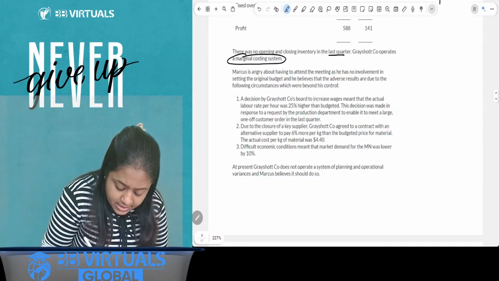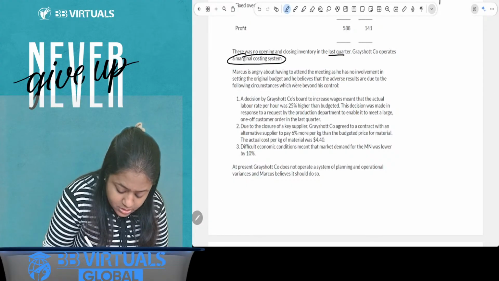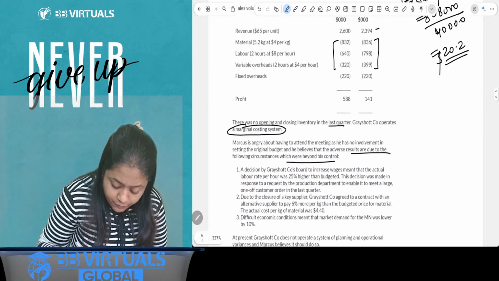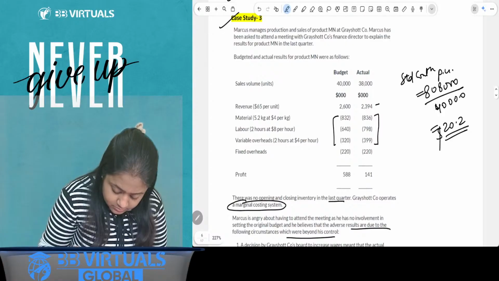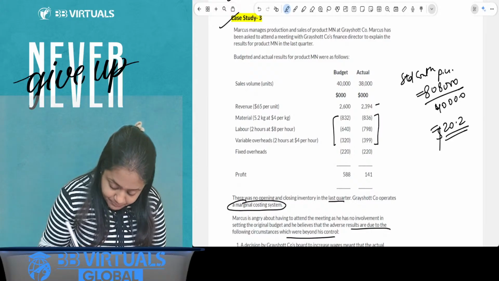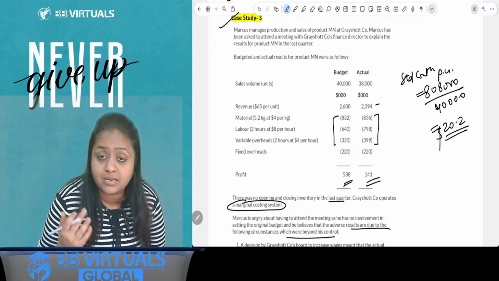Now Marcus is angry about having to attend the meeting as he has no involvement in setting the original budget, and he believes that the adverse results are due to the following circumstances which are beyond his control. If you look at this, the actual profit is much less than the budgeted profit, so definitely it's an adverse variance.